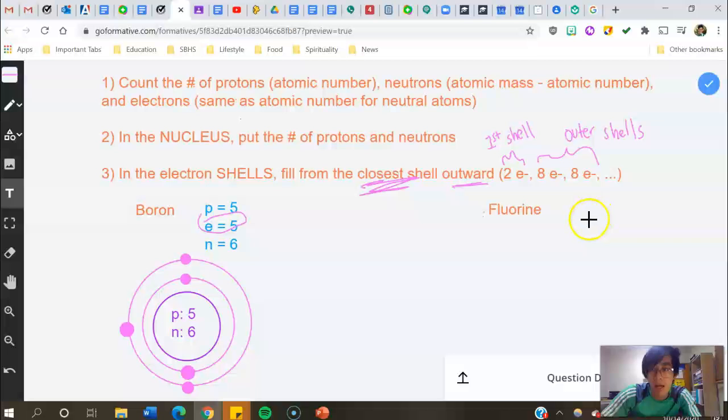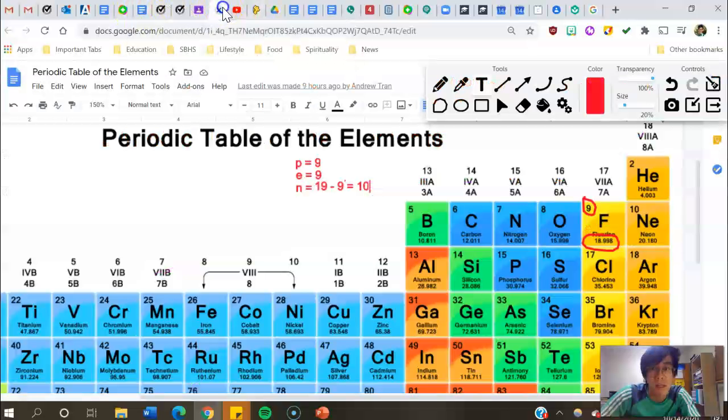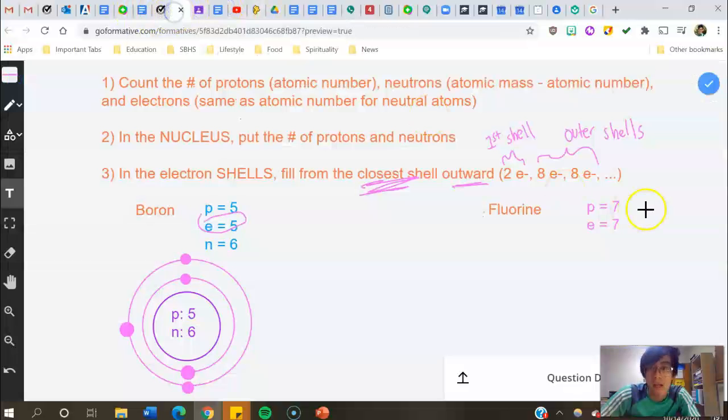So fluorine has P equal to 9, E also equal to 9, and the number of neutrons is equal to 10.